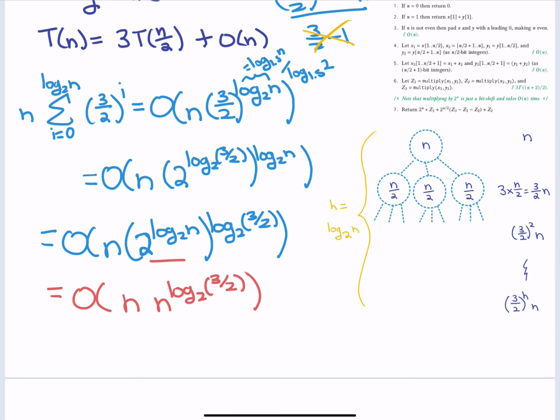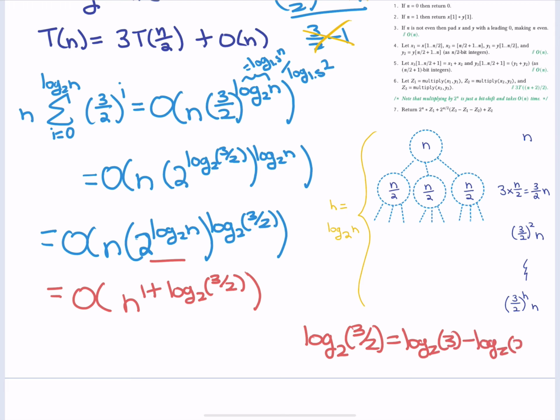That might be better expressed as n to the 1 plus log base 2 of 3/2. How do I make this just a little bit cleaner? Log base 2 of 3/2 is log base 2 of 3 minus log base 2 of 2, and log base 2 of 2 is 1.